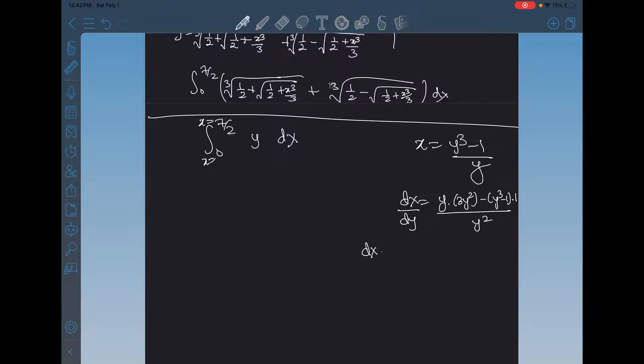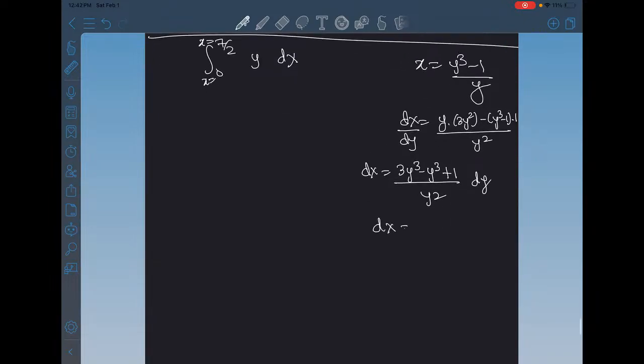So dx will basically be 3y cube minus y cube plus 1, and then by y square times dy. So our dx is basically just 2y cube plus 1 by y square dy. So we got dx in terms of dy.